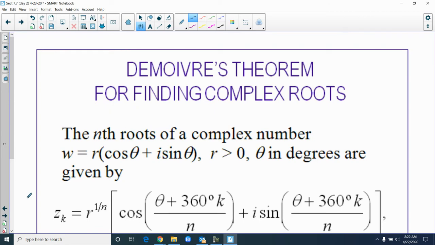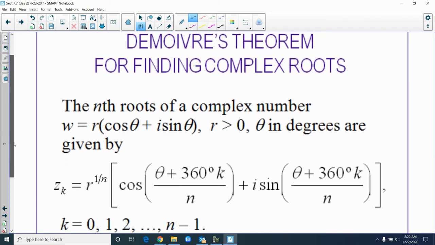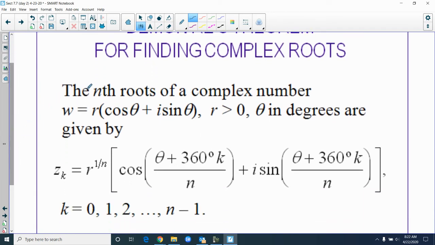Now the next piece of de Moivre's theorem is finding a root of a complex number. So the nth root of a complex number. Now, I don't know why they have a w here. Typically, that's a z. I'm just going to keep it as a z. r is greater than 0, theta is in degrees.